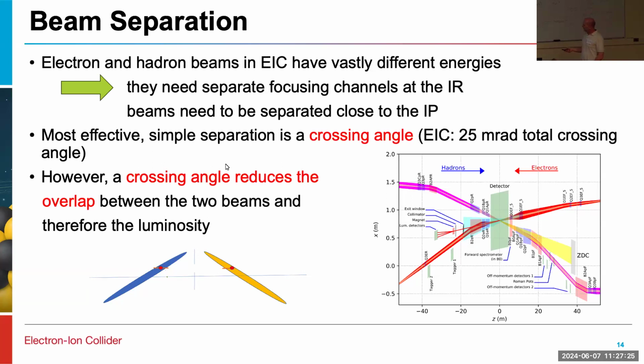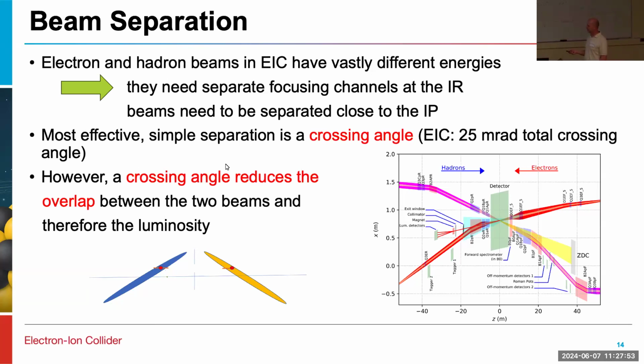So a particle that's here in this red slice of this blue beam only has a chance to collide with the particle in the red slice in the yellow beam if they collide at a crossing angle. If they collide head on, every particle in one beam in principle has a chance to collide with every particle in the other beam. That's how you get your luminosities. This is a severe reduction in your luminosity if you collide at a crossing angle.